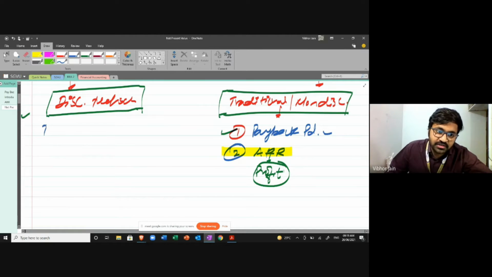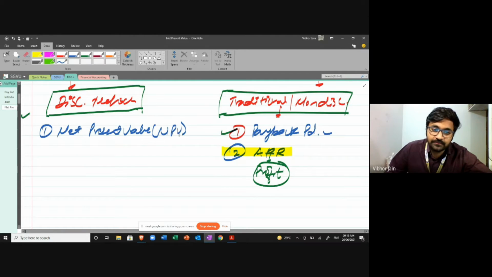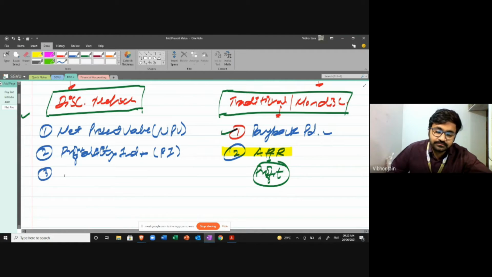Discounting techniques. First is net present value. In short, we call it NPV. Second is profitability index or PI. Third is IRR, internal rate of return.